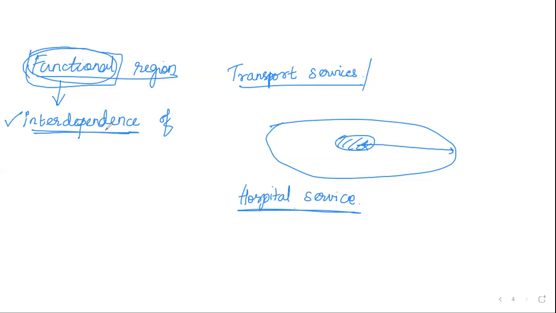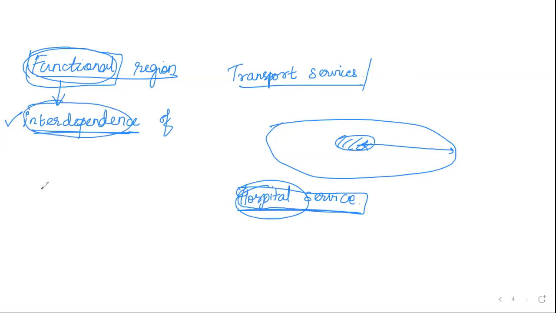The village will depend on the city, and the city will depend on the village. Why? If I'm talking about a hospital, the villagers will come to the hospital, definitely. So they are dependent on the city. The hospital's market is basically dependent on the people who come from the villages. So the city is also dependent on the village. So in any functionality, there is a definite character of interdependence.